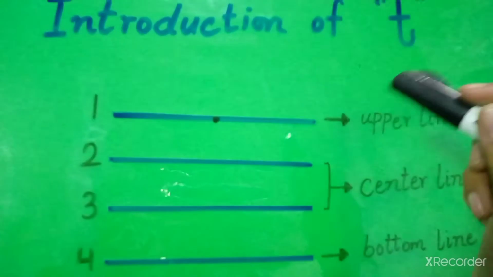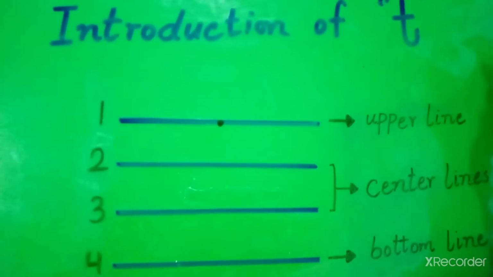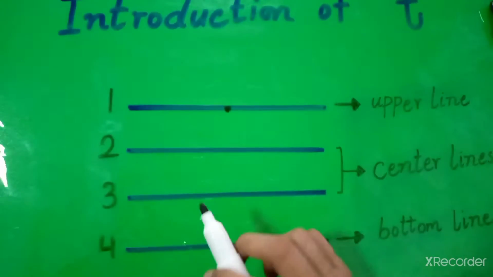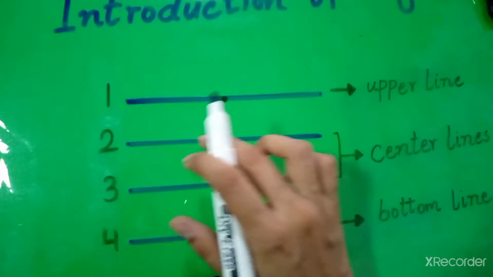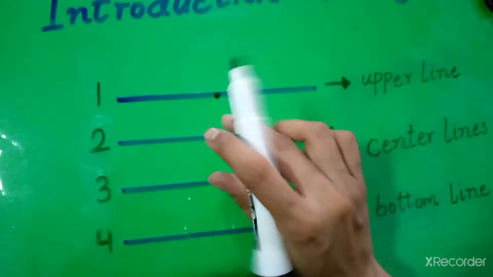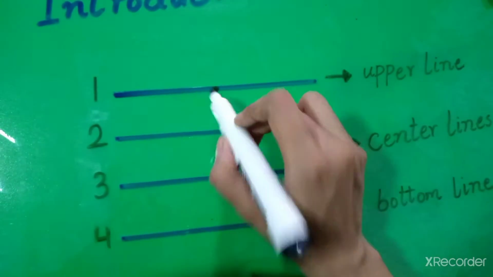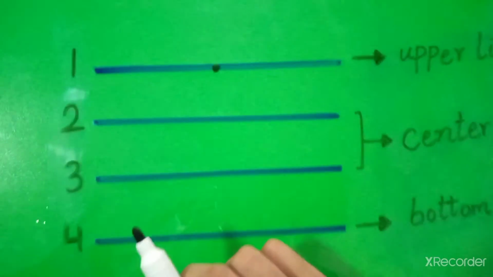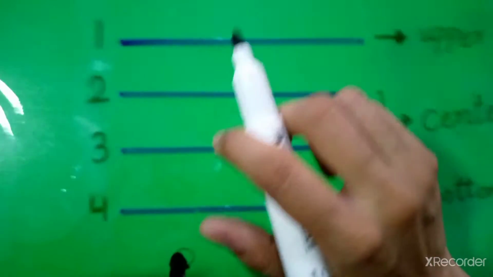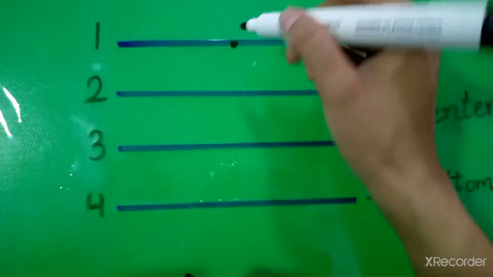Now we will learn the formation of letter T. Look very carefully. We will start our letter T from our upper line, from this line. Can you see the dot over here? Very good. Now look very carefully and repeat the formation with me.